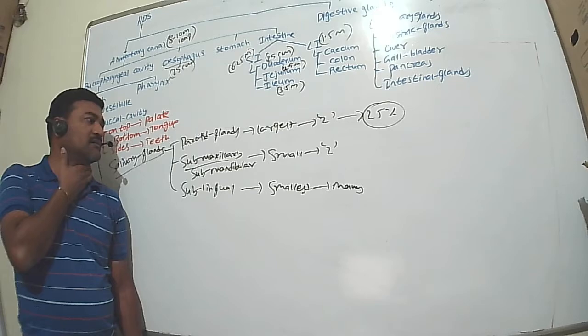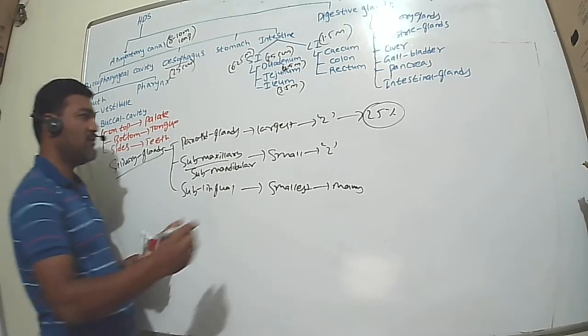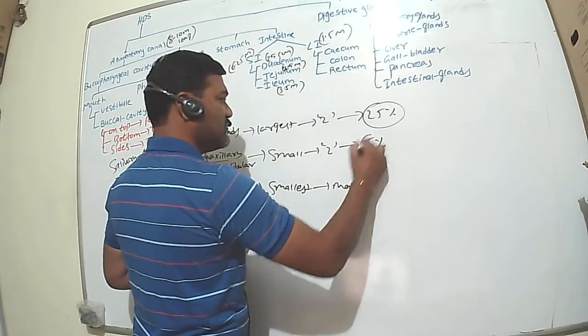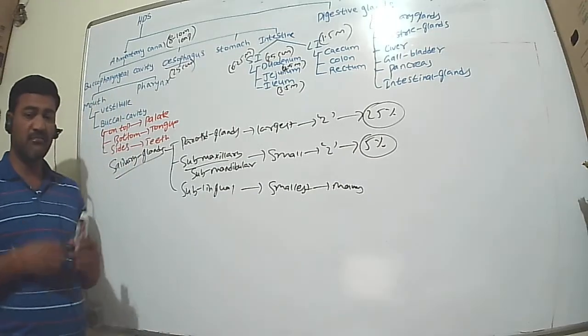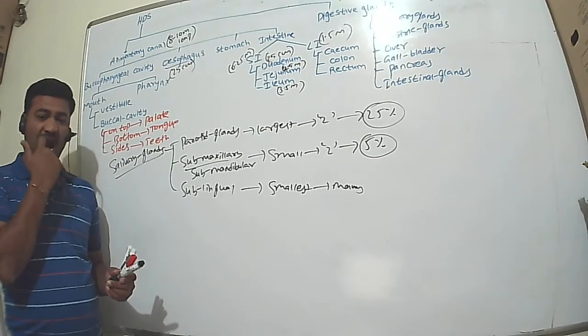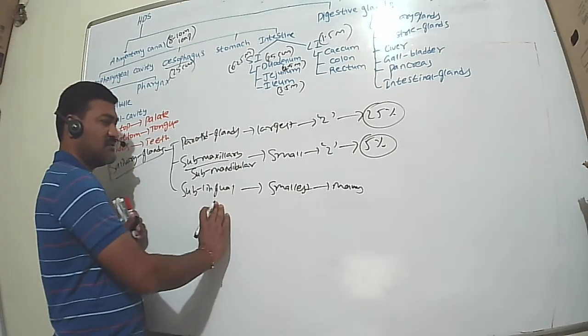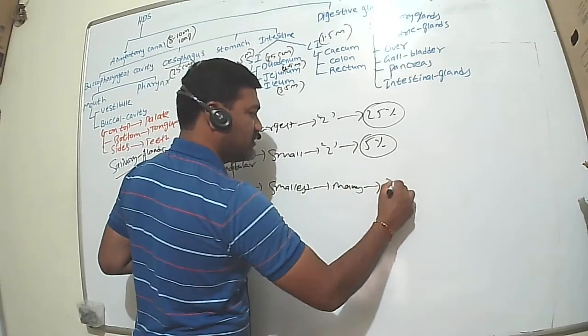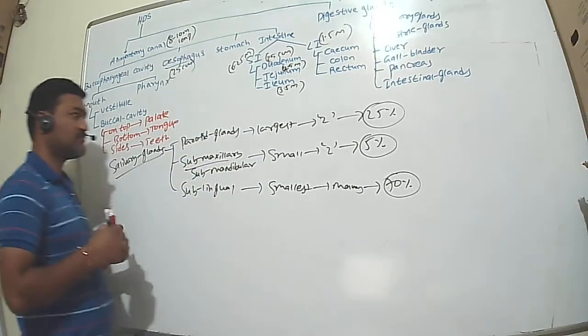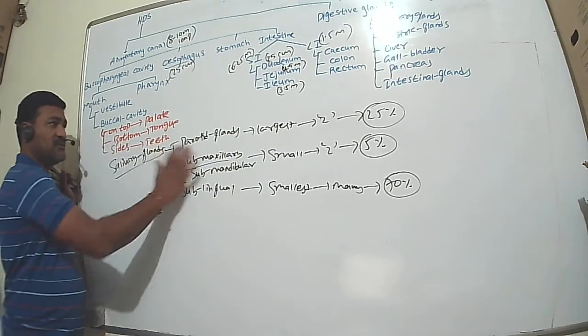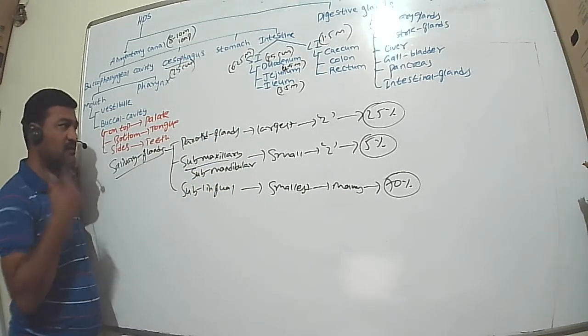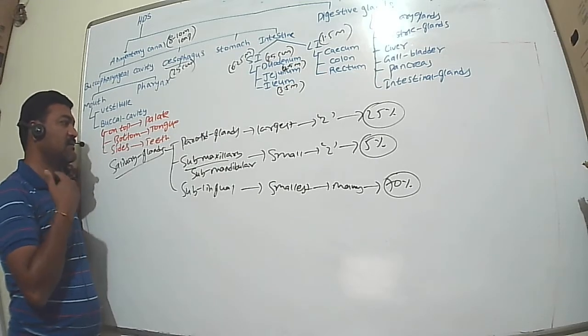Here you find one and here one, and they contribute to 5% of the saliva. But sublingual glands are many tiny glands below the tongue. They are smallest and they contribute to the remaining 70% of the saliva. So parotid glands are the largest, they contribute to 25%. They are below the auditory canal.